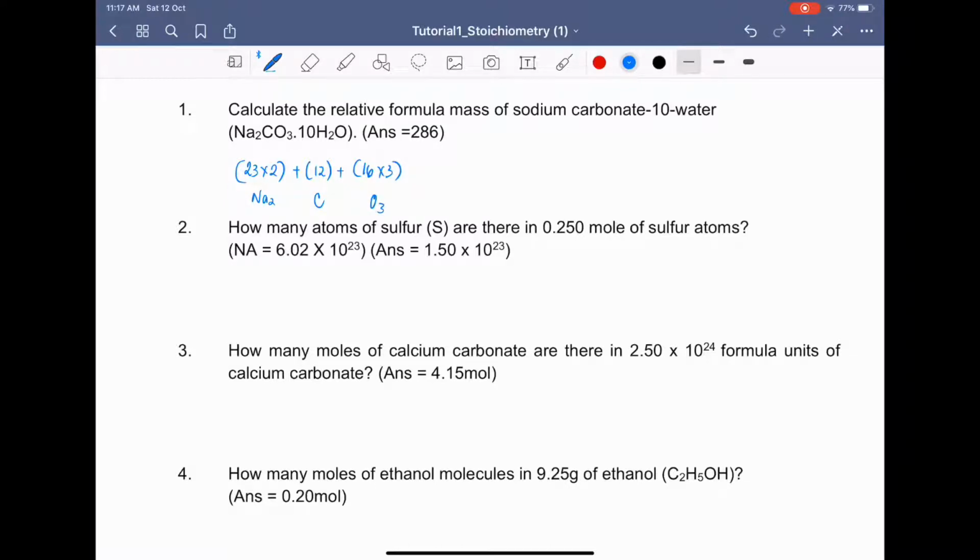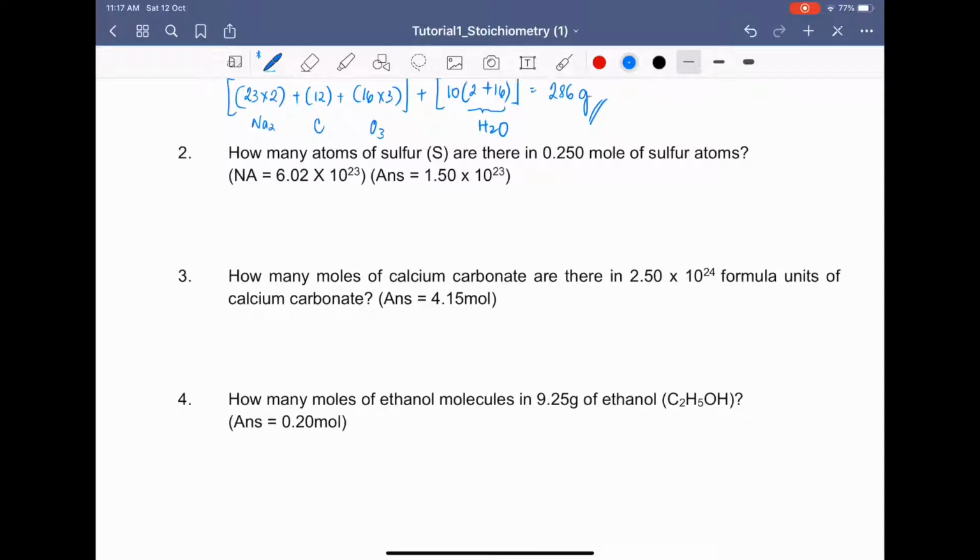Next, we move to the water of hydration. We just need to multiply 10 to the molar mass of water, and that is 2 plus 16. That is equal to 286 grams.